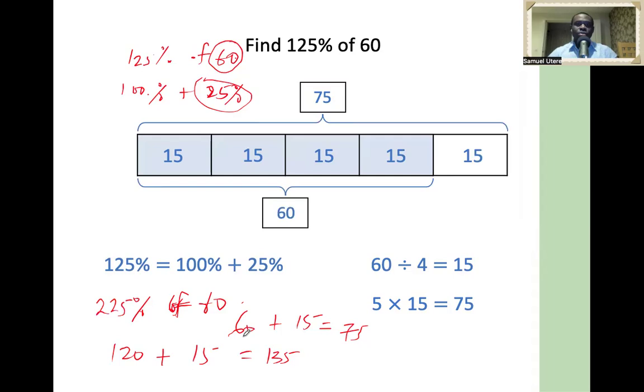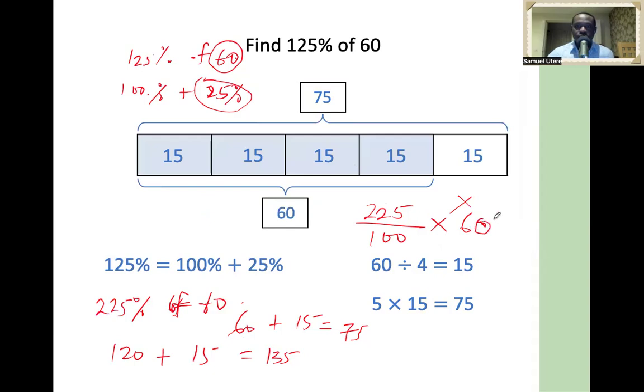So 225% means 225. Remember, percentage is like a fraction divided by 100 times 60.